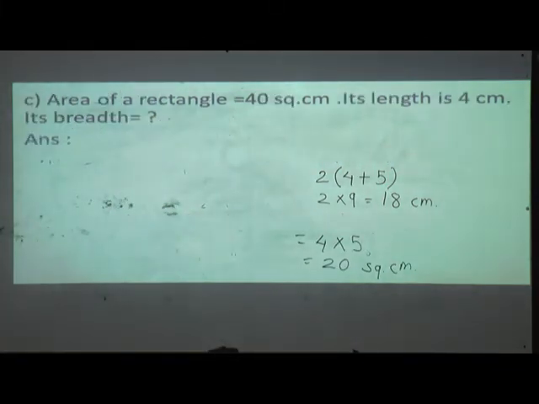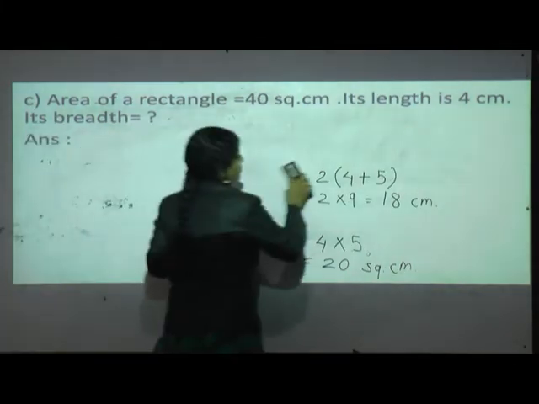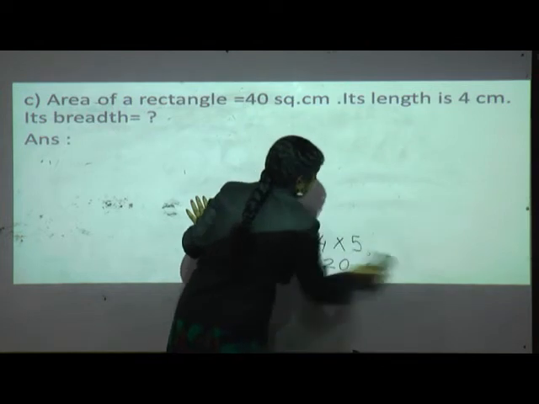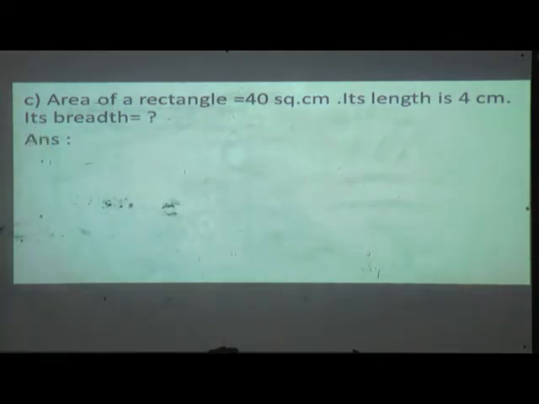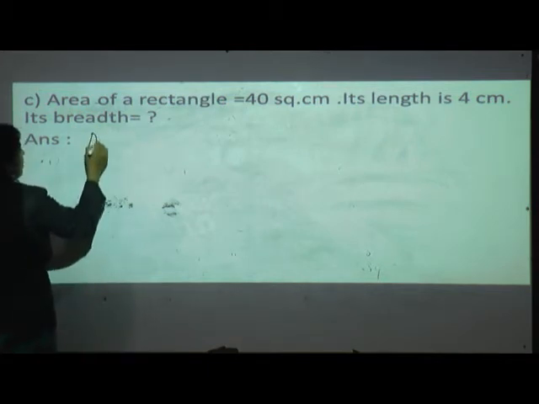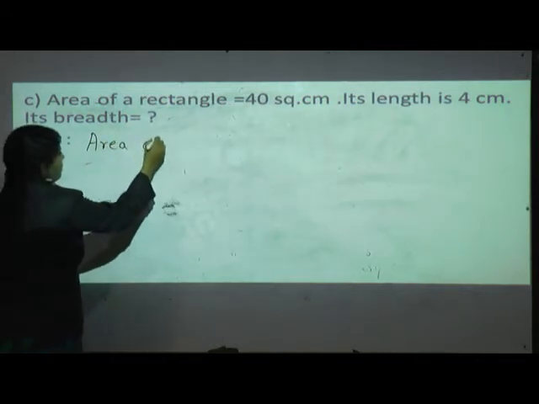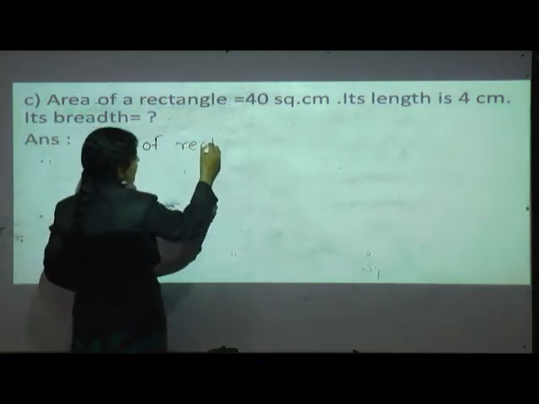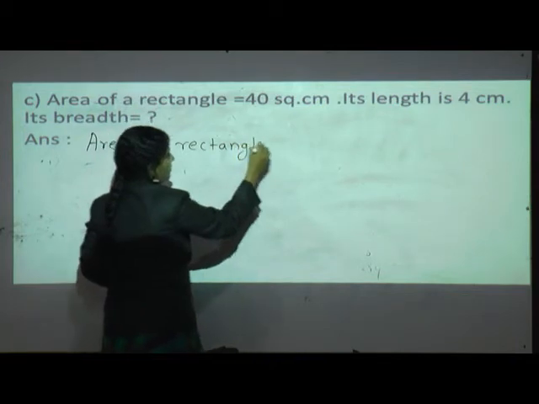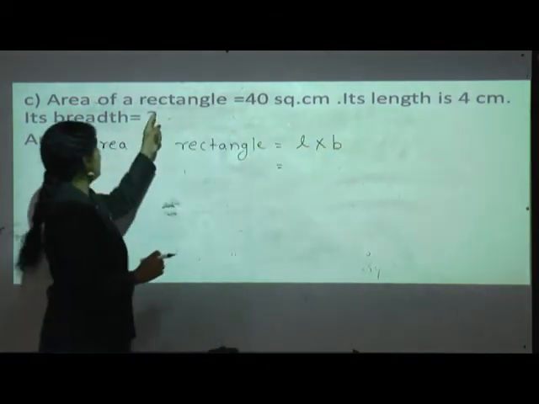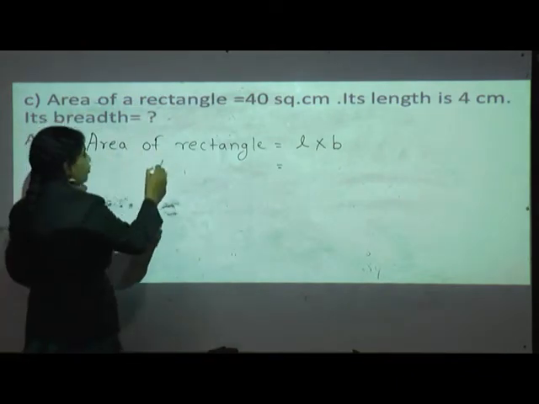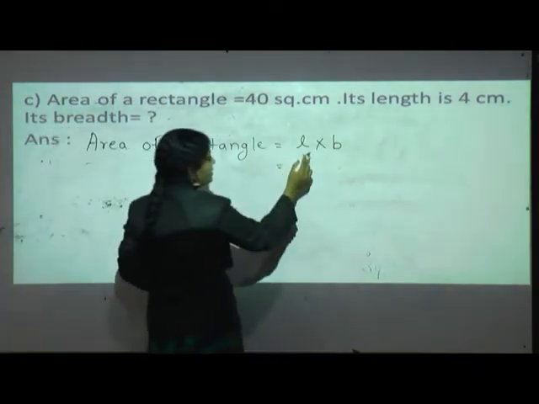Now we'll see the next one. Area of a rectangle is 40 square centimeter and its length is 4 centimeter. Just find its breadth. Now students, what is the formula of area of rectangle? Yes, L into B. Very good. Area of rectangle here is 40 and L is 4.